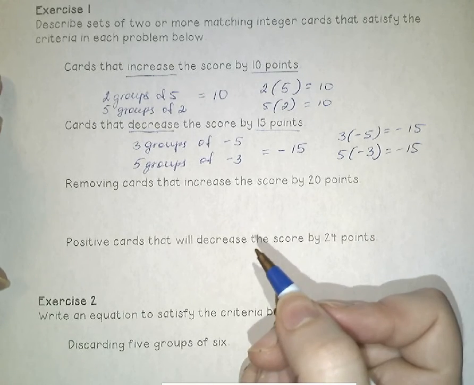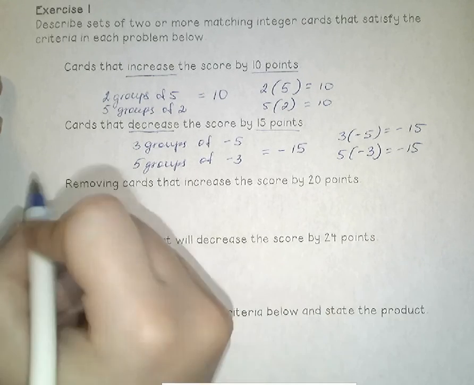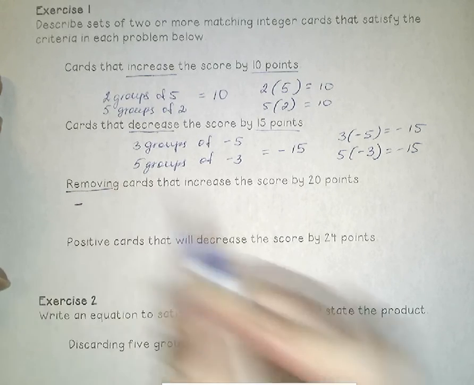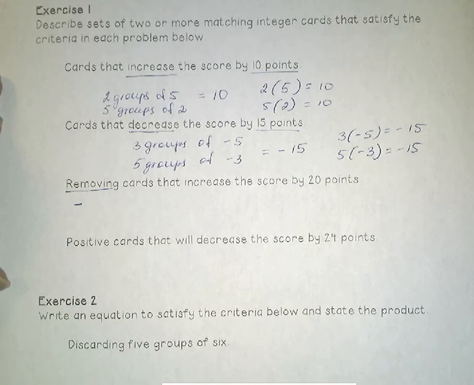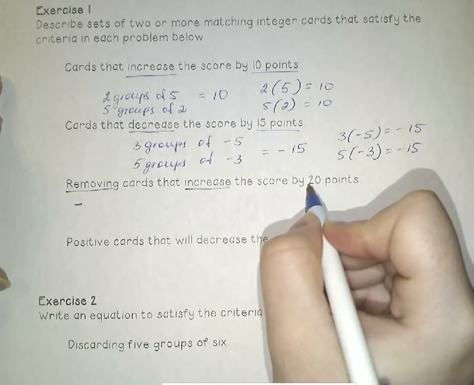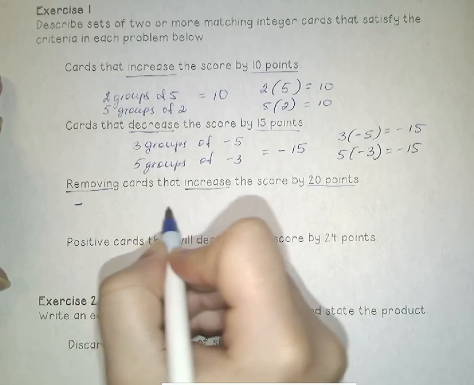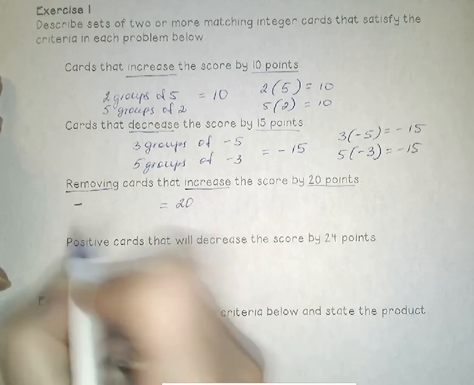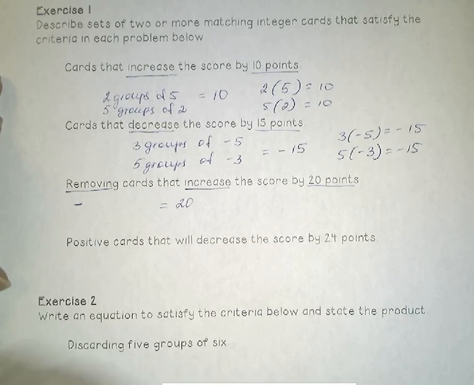Removing cards that increase the score by 20 points. So we know we need to remove the cards. So right away we are going to put a negative sign that stands for removal. So I have to get to positive 20 after I remove cards, right?